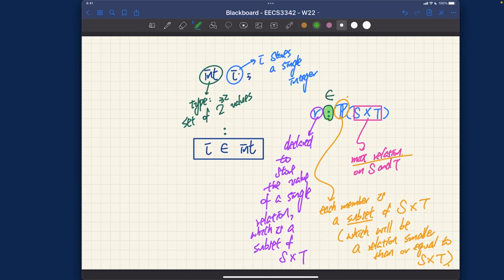So what we are saying is, when you declare R is a member of the power set of S cross product T, that's really equivalent to R is a member of S related to T, right? So these two notations are completely equivalent to each other. Okay, this one here and also this one here, they really mean the same thing. All right.